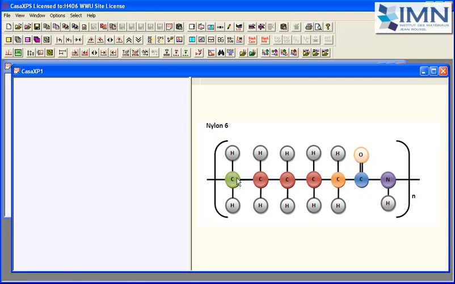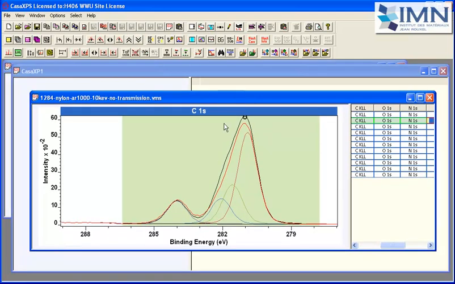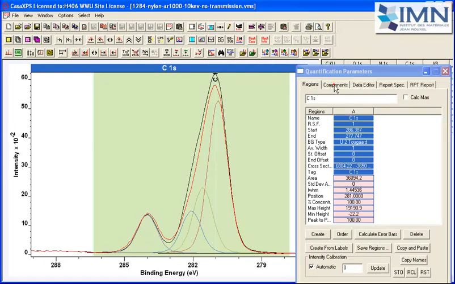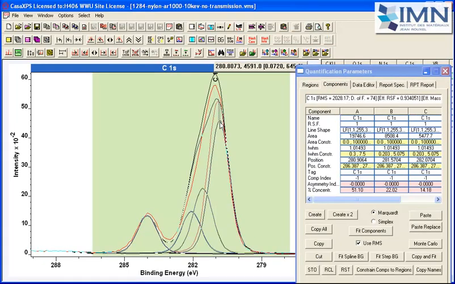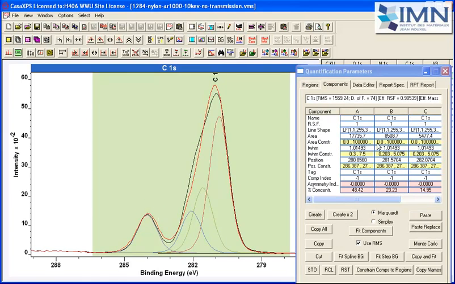So we'll consider these as being 4 different environments for the carbon peak, and hence when we select the carbon 1s data envelope and also the peak model, we are anticipating this one to have 3, and each one of these should be 1 in intensity.